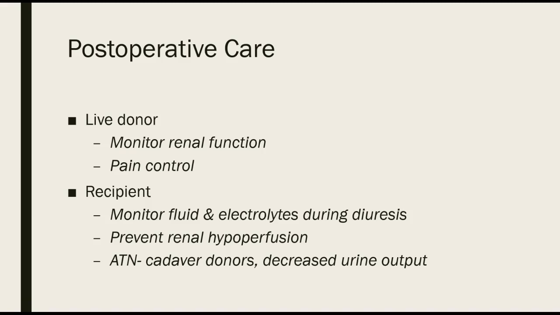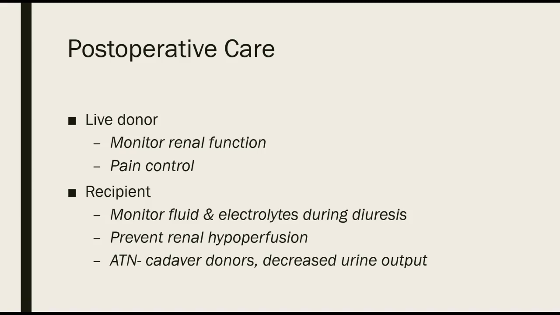And then also there's an initial amount of dysfunction in the kidneys that can occur when they're trying to get adjusted. And the kidney may not be able to concentrate that urine as well in the beginning. And so there's that diuresis happening. And so we're talking about about 1 liter per hour of diuresis typically, and that's normal after a transplant has occurred.